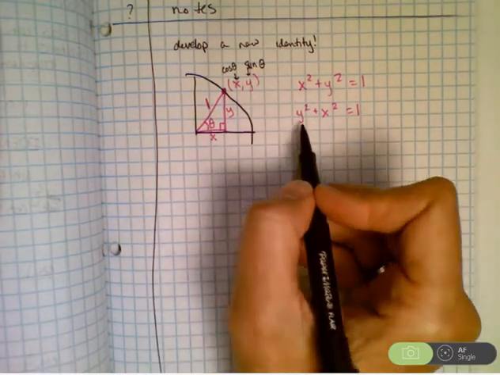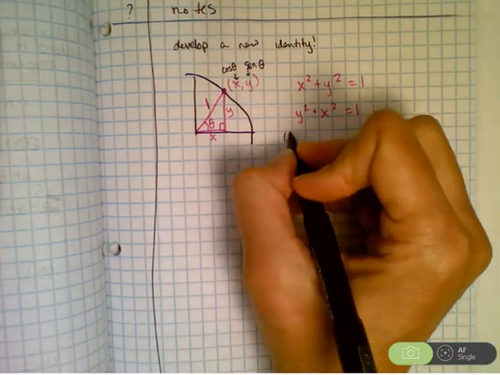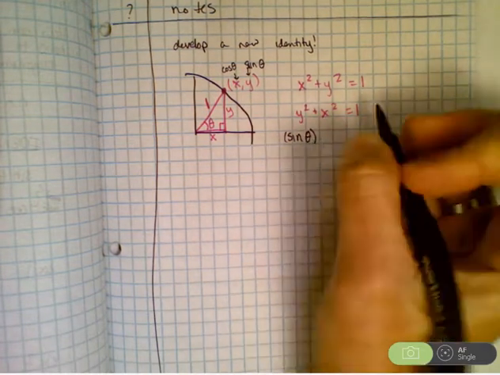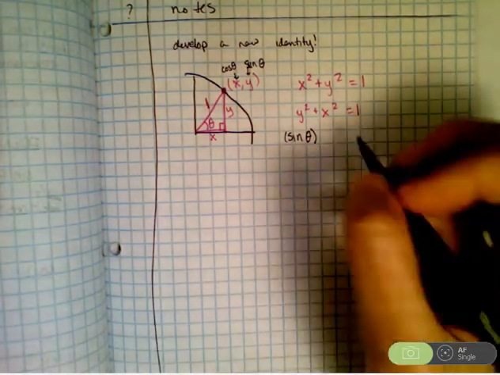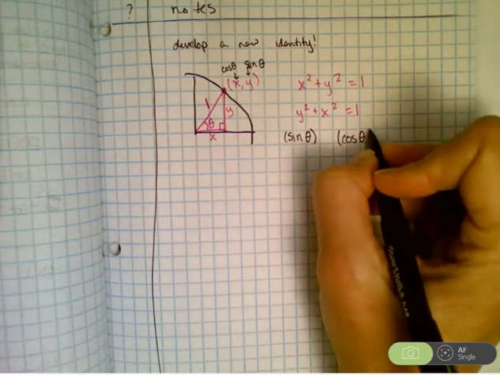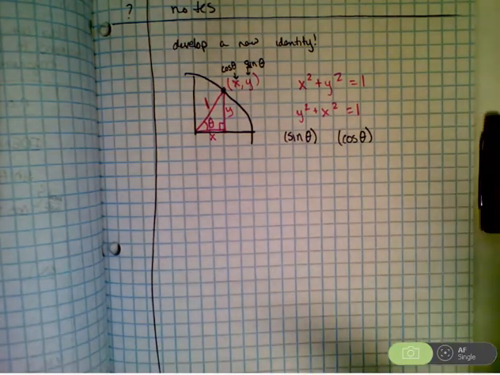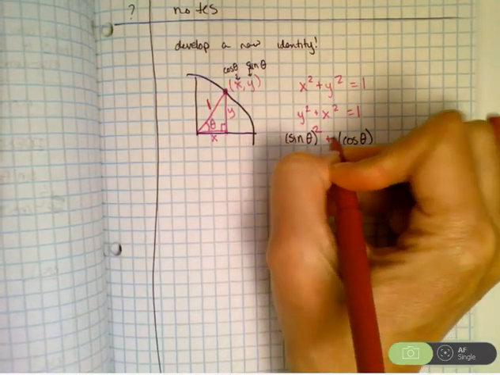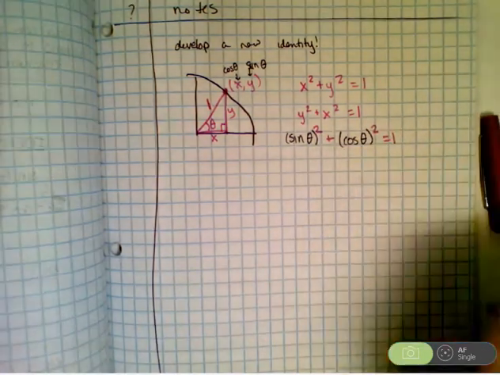So what I can do is replace this y with sine theta, and then I can replace the x with cosine theta. And I still need to keep the squared and the plus and the squared and the equals 1.